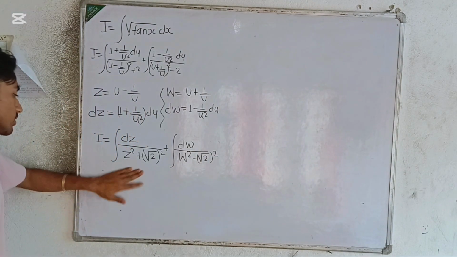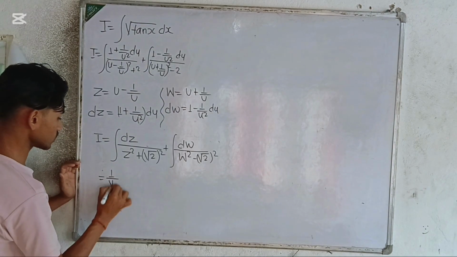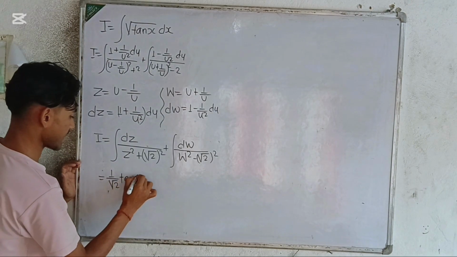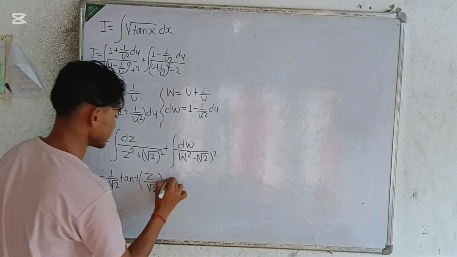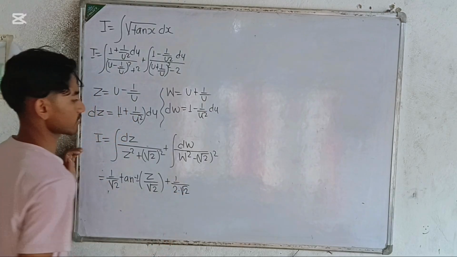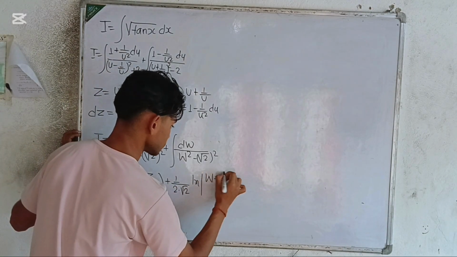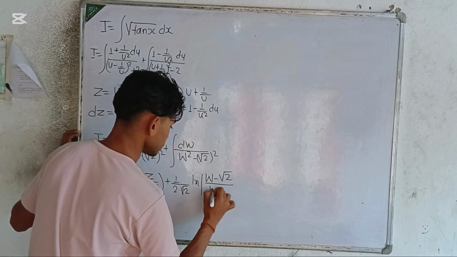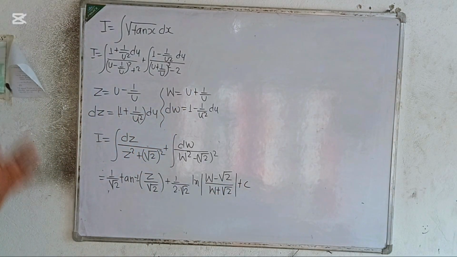And this is the basic standard identity, that is 1 over root 2 tan inverse z by root 2, and this is nothing but 1 over 2 root 2 ln of w minus square root of 2 by w plus square root of 2, with some constant c, right.